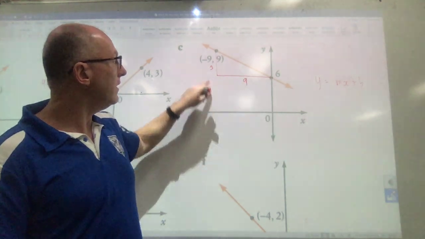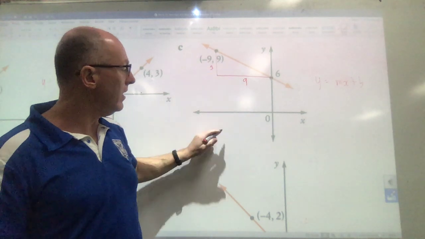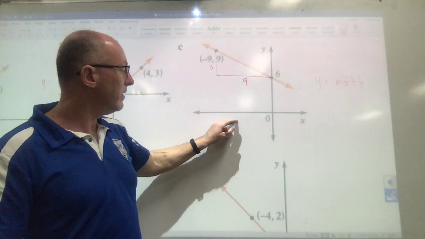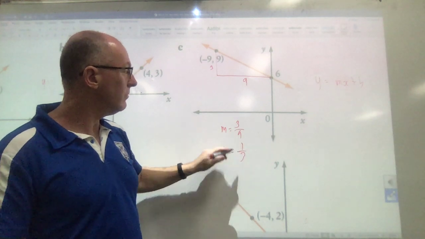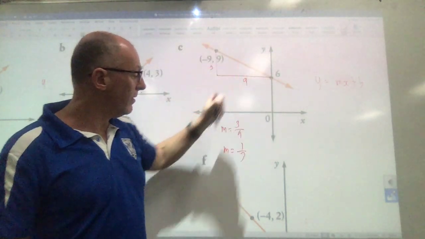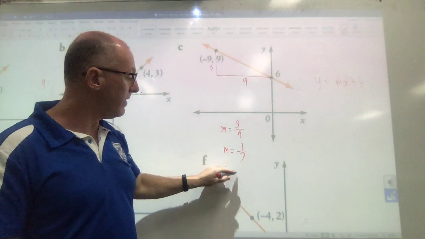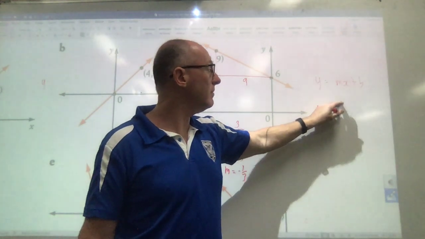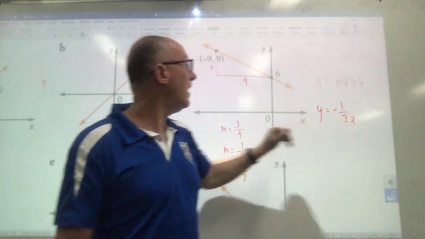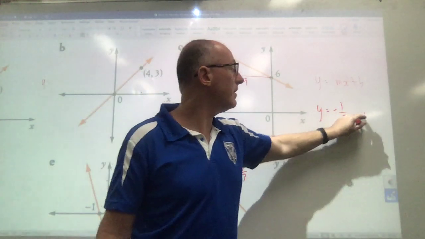Gradient is rise over run. So 3 over 9, which is 1/3. It's going downwards, so it's minus 1/3. So the equation is y equals minus 1/3 x, and the y-intercept is at plus 6.